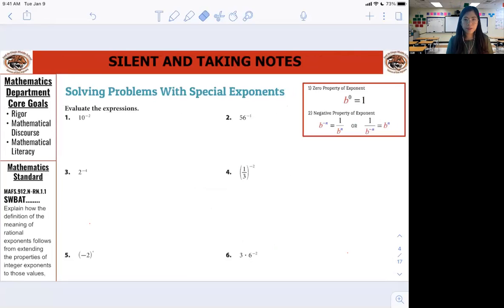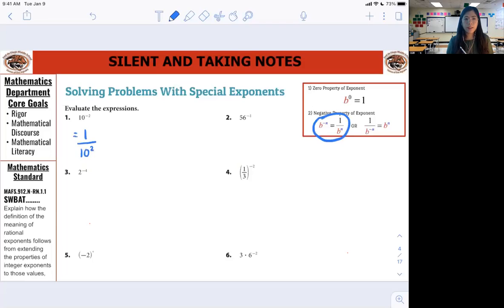So let's start off with the first one, 10 to the power of negative 2. We're following this pattern right here. Let me circle it. 10 to the power of negative 2 is the same as 1 over 10 to the power of positive 2. I'm just following the pattern.